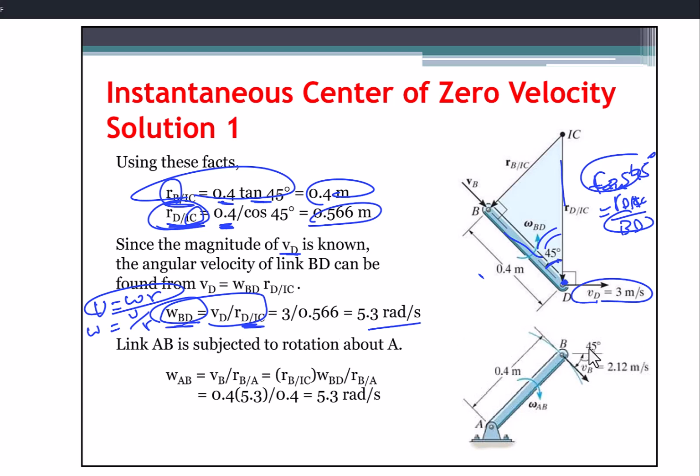Now we have to realize that we want the angular velocity of this and of this. As the AB link is subjected to rotation about A, we know the angular velocity of this is V_B relative, divided by R, same as what we did here.